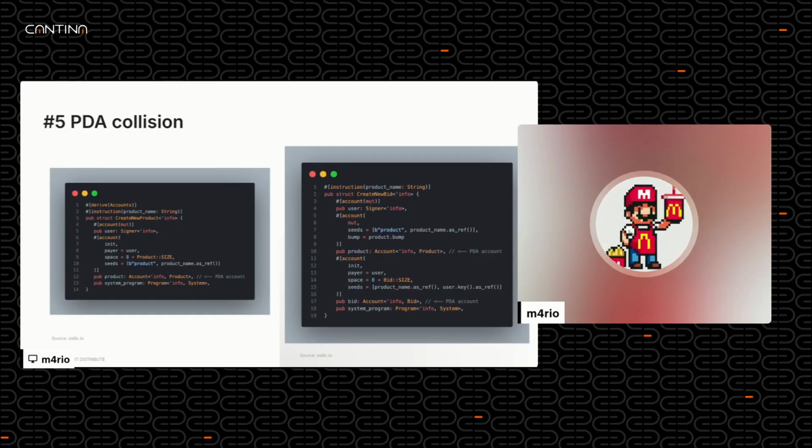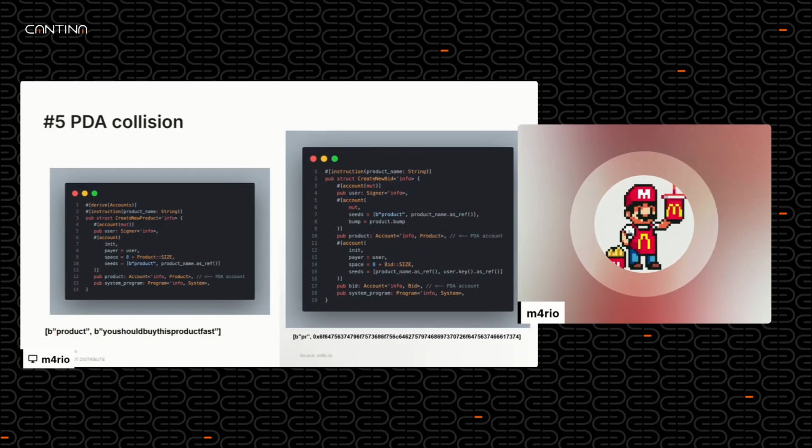If you look at it, it looks pretty harmless. Everything is checked. The seeds are actually unique because for every user public key, you have a product name. So they are quite unique. There is no way for this to interfere. Well, actually, that's not true because there is a caveat when you use the PDAs.